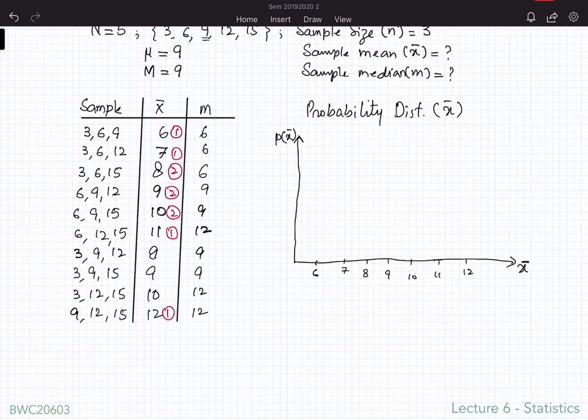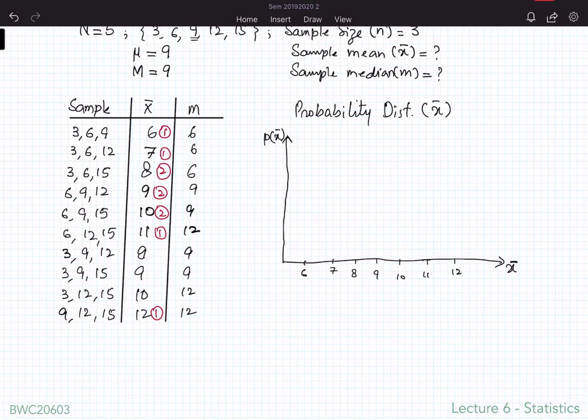So the probability P of x will be 1 divided by 10, which is 0.1. We can write the axis like this: 0.2, 0.3 and 0.4.